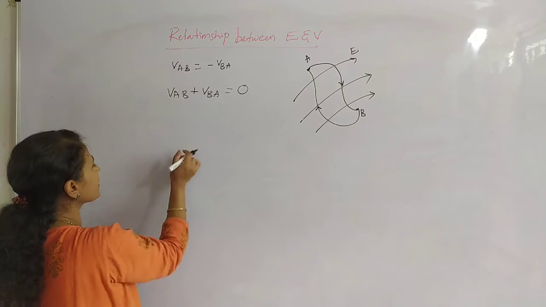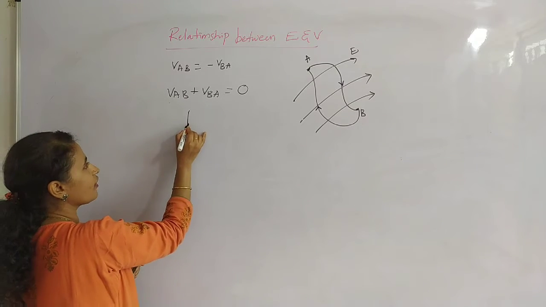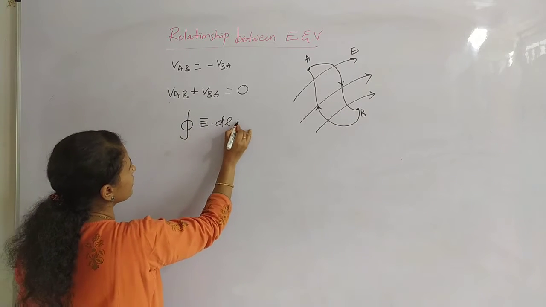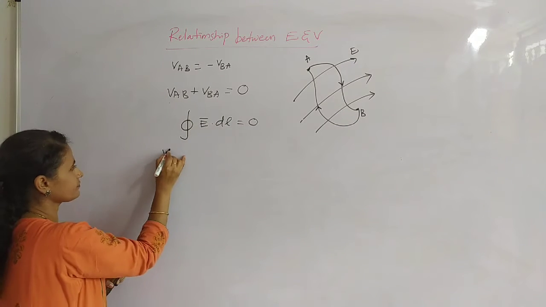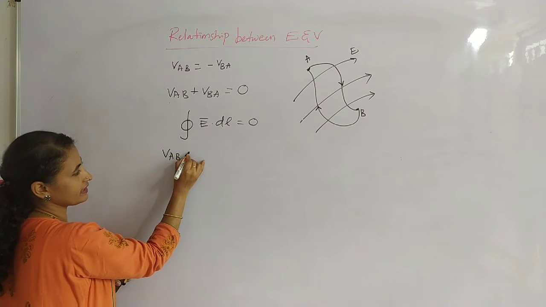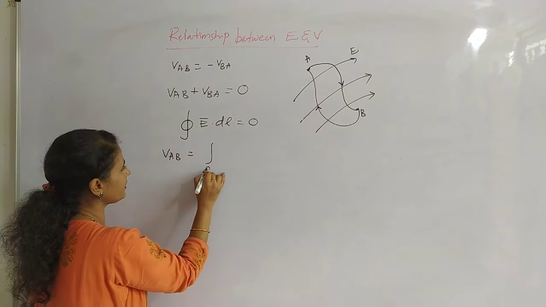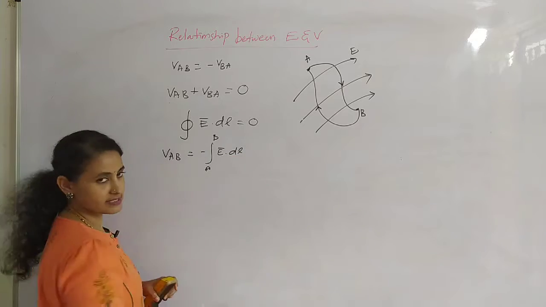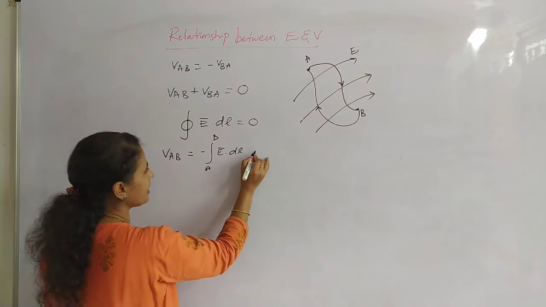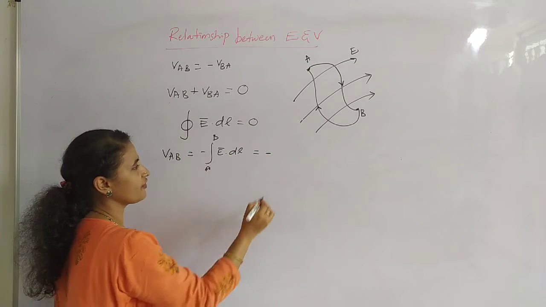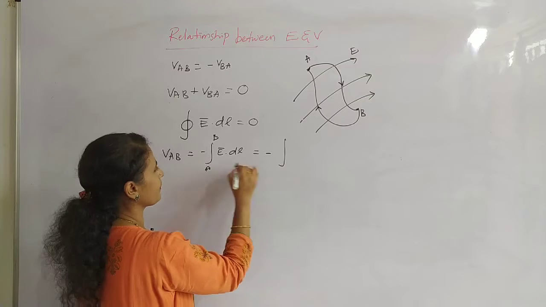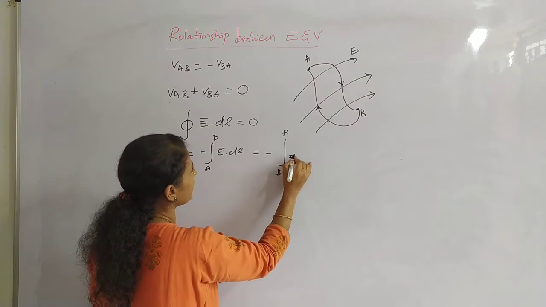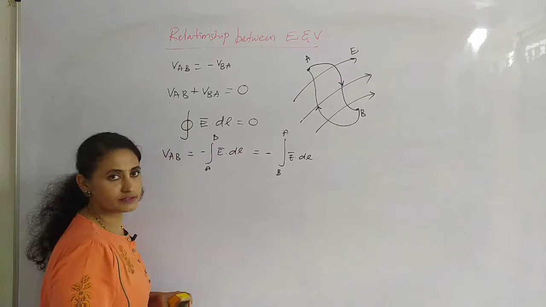This is also represented as the integration over a closed path of E bar dot dl equal to 0, because VAB is written as the integral from A to B of E bar dot dl with a minus sign, which is equal to minus the integration from B to A of E bar dot dl.